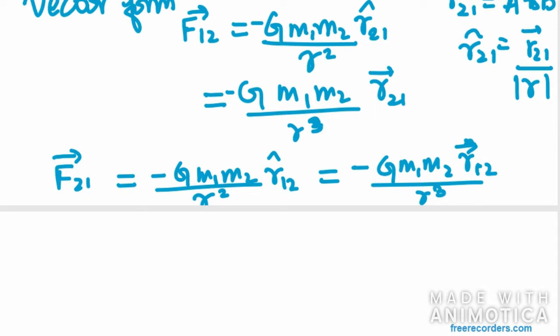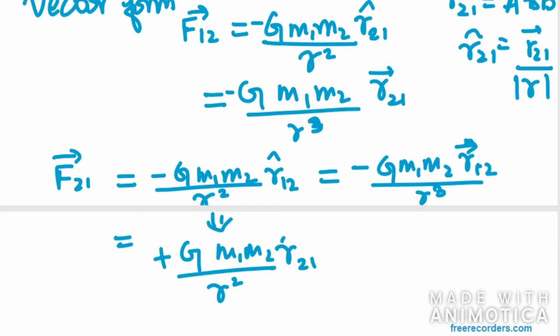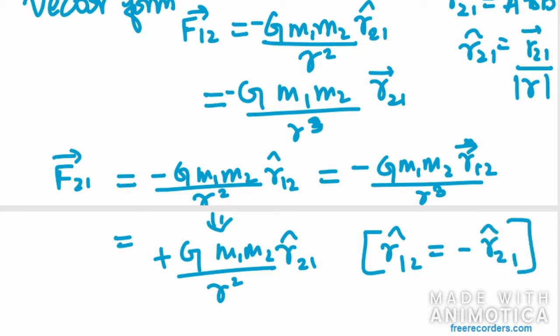Or we can write this equation as positive G m1 m2 over r square times r21 cap, because r12 cap is equal to minus r21 cap. Now it is very clear that the F12 vector is equal to minus the F21 vector. That represents Newton's third law of motion.